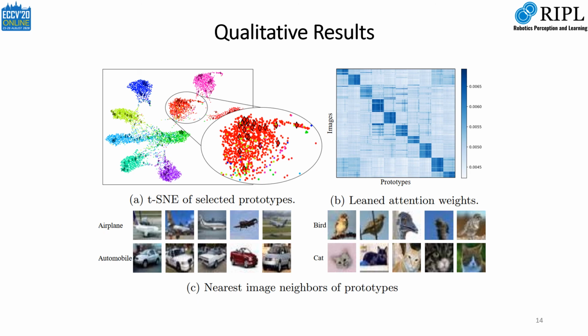In figure A, the diamond shape represents prototype features overlaid on the image features in the t-SNE plot. And in figure C, we find the nearest image neighbors of prototypes in the feature space. We can see that our method successfully extracted a great variety of prototypes per class.